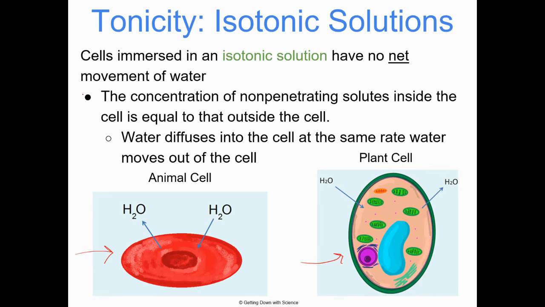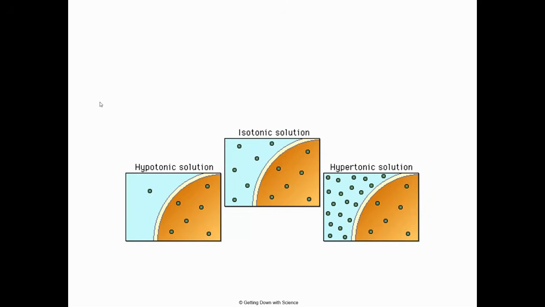Now let's go ahead and look at another image, but focusing on the solutes. So here you can see all 3 solutions, and we're going to look here at the center for the isotonic solution. If you count the green solutes, the blue here, that's outside the cell, and the orange is the cell. If you count outside of the cell and inside of the cell, you'll notice that they're equal.